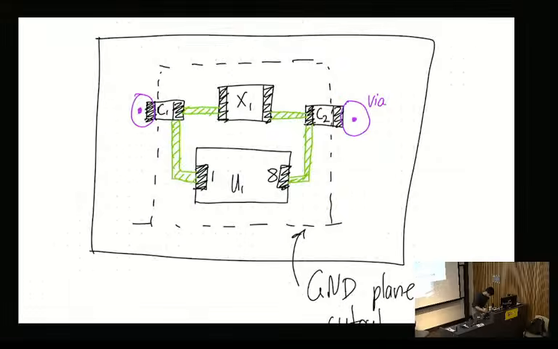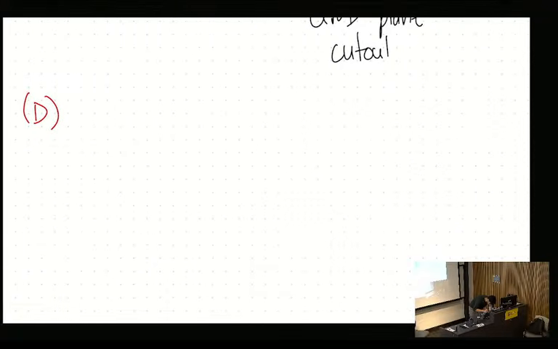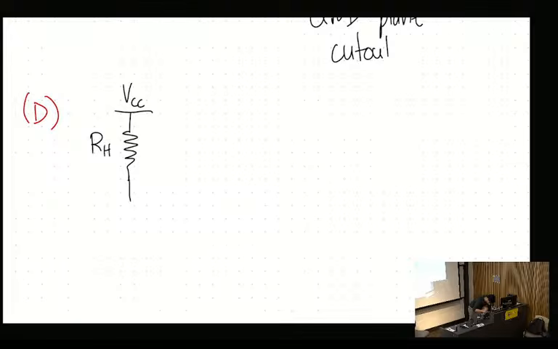Okay, so part D. What this looks like is a resistance RH and VCC, and this is all inside the chip. That cutout is where the chip is, so that's the chip U1.